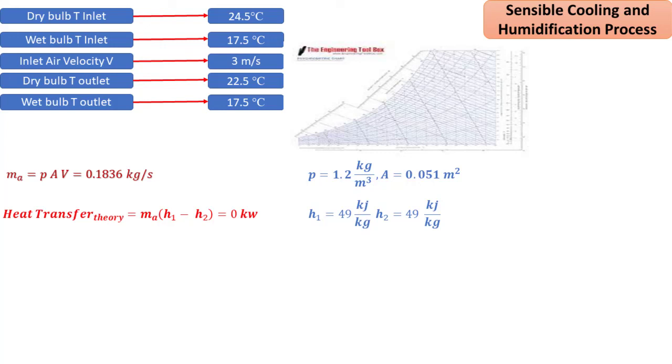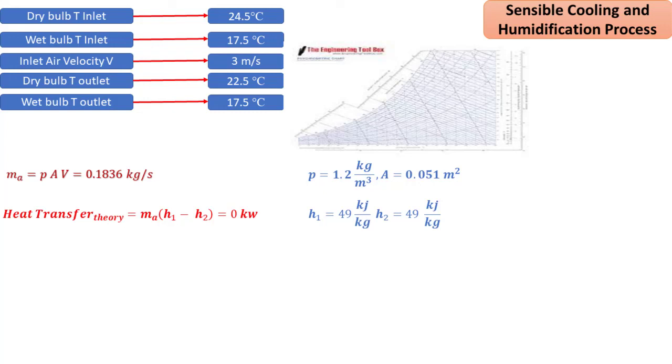From the inlet condition, you can locate point 1 in the psychrometric chart from the values of DBT and WBT. Similarly, from the outlet condition of DBT and WBT, you can locate point number 2 in the chart. After locating points 1 and 2, you can get the values of enthalpies H1 and H2 from the chart.